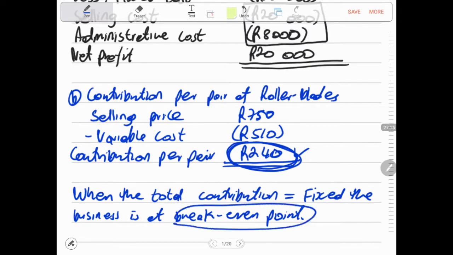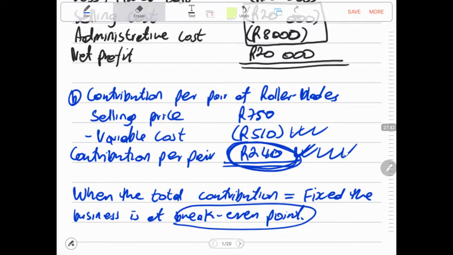The minute they sell one more unit, this 240 starts to become a profit, because variable cost will remain there at all times, but fixed costs remain the same. When they are covered by the total of this 240, the remainder of the contribution per unit will start contributing to the profit of the business.